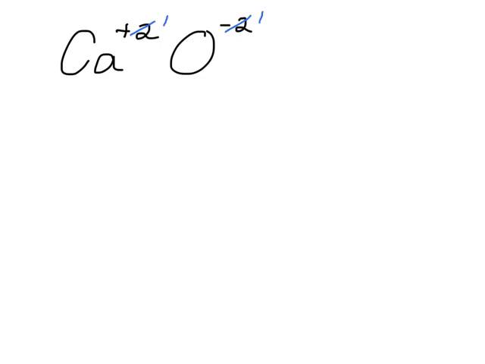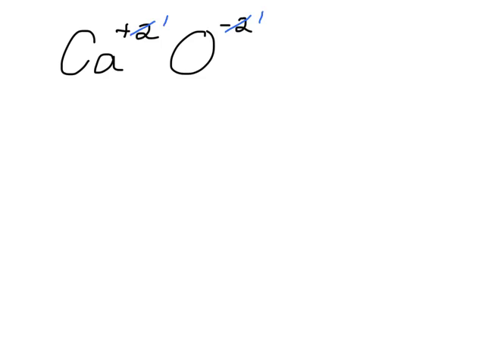Another option that you might have is if you have something like a calcium +2 and an oxygen -2. Now, before we do the crossover rule, we want to recognize that the +2 and -2, we actually can reduce them. A ratio of 2 to 2 becomes a ratio of 1 to 1. So you're allowed to reduce before you cross over.